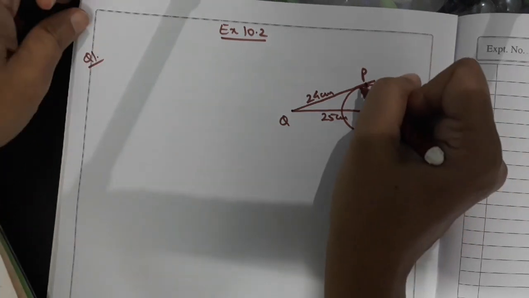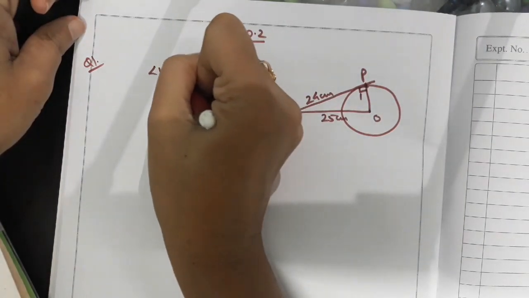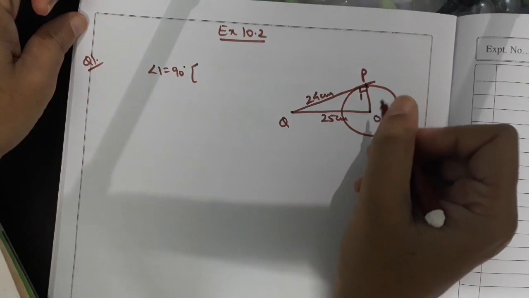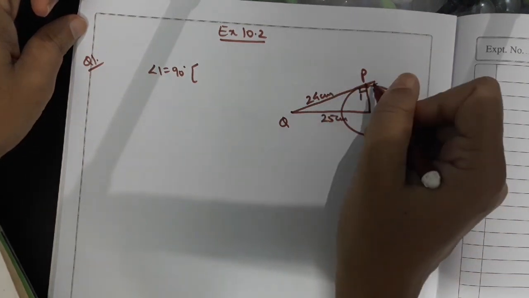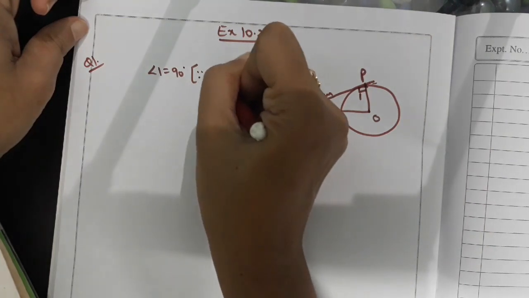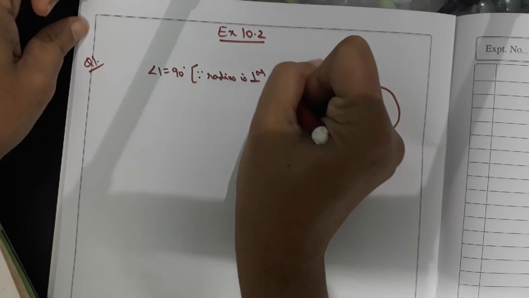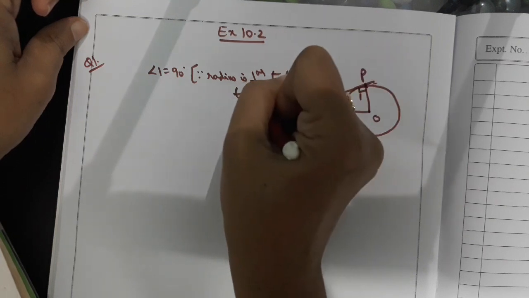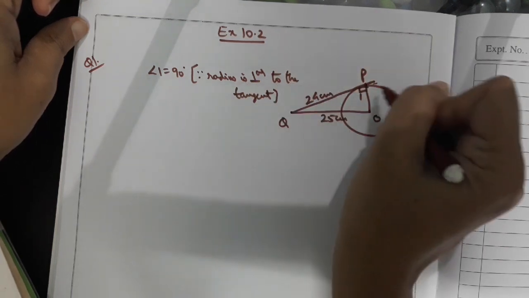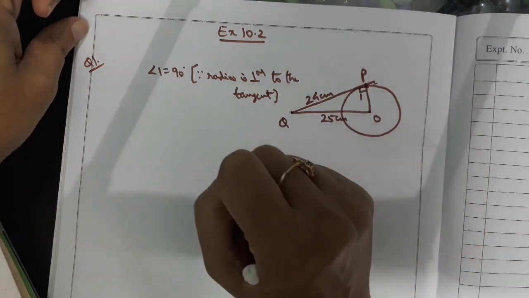So over here we know that this angle is of measure 90 degrees because the radius and the tangent are perpendicular to each other. We know this property since the radius is perpendicular to the tangent. So that is why angle 1 is of measure 90 degrees. So this triangle is a right angle triangle.